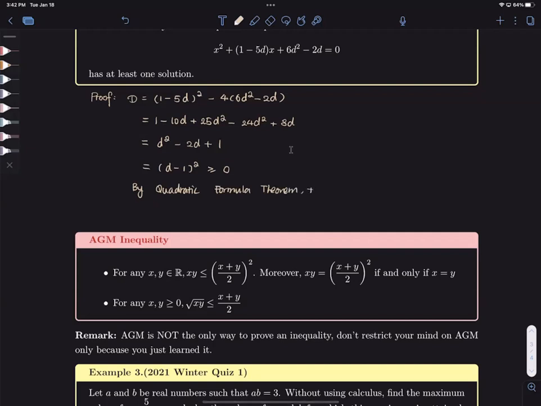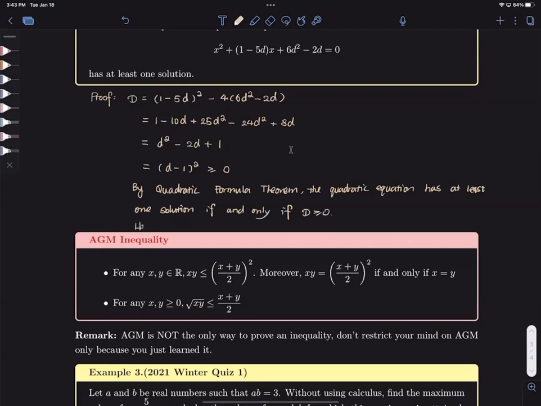the quadratic equation has at least one solution if and only if the discriminant is greater than or equal to 0.